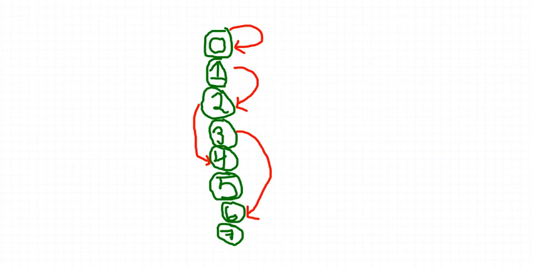Processor 4 will be connected to processor 1. Processor 5 will be connected to processor 3.